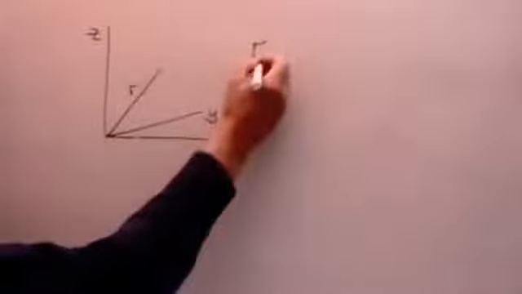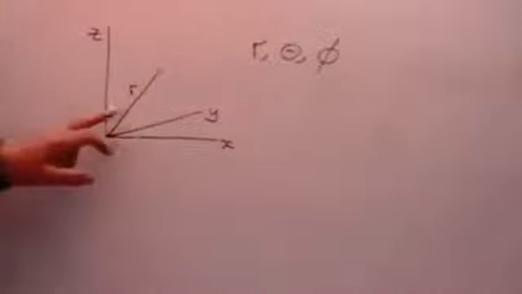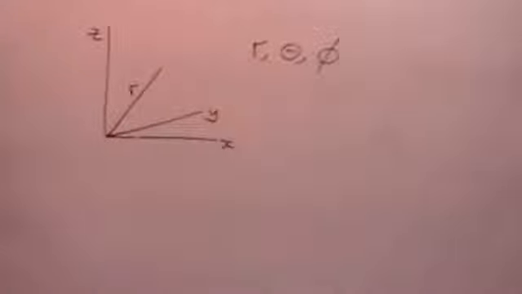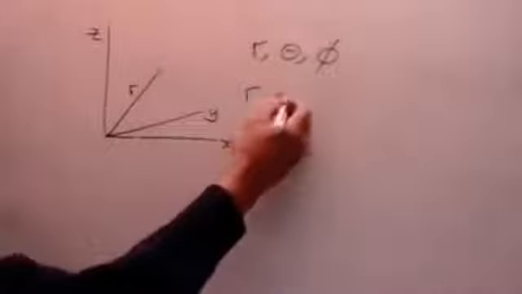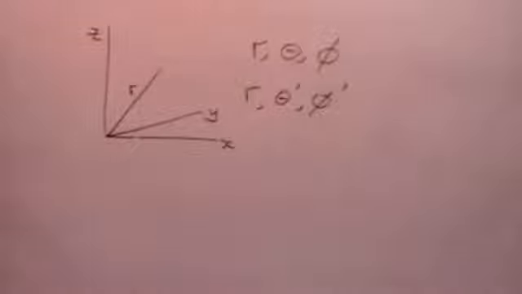And in polar coordinates, we will say that that will have the polar coordinates r, theta, and phi, where theta and phi represent the angle of r against the xy plane and against the z axis. Now, if I rotate that vector, one thing that won't change is its length. If you rotate it, it stays the same length, it just points in another direction. But of course the two angles will change and become theta prime and phi prime.